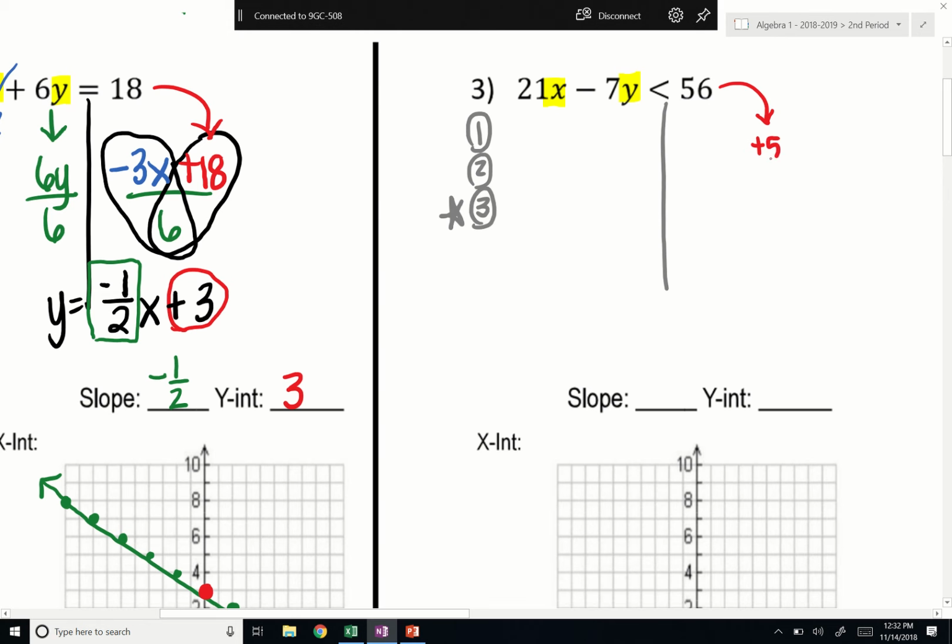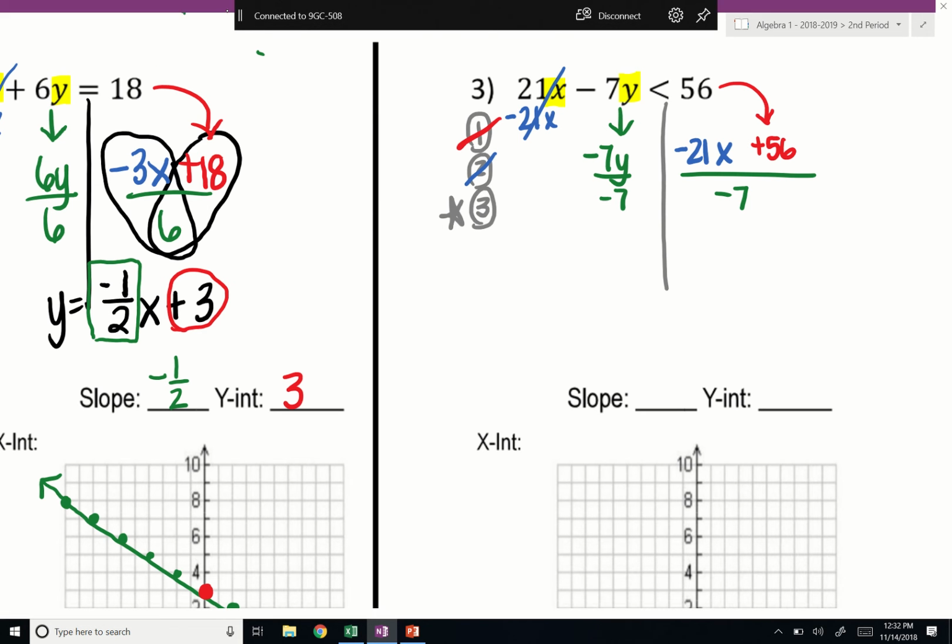So, number 1. Space out that 56. It's a positive, so I'm going to put plus. And then I always move my x's, right? So how do I move a positive 21x? Good job. And then at the end, I'm going to drop a negative 7y and divide by negative 7.